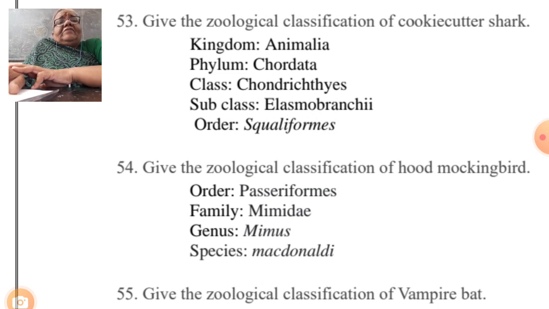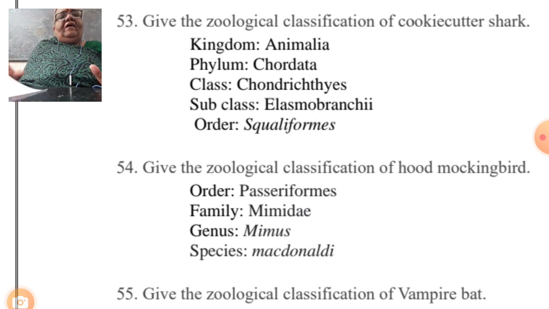Please note down, it is not there in the answer. Genus is Isistius. Specific name is brasiliensis. And the common name is cookie cutter shark. Sometimes it is also called cigar shark. Commonly it is called cigar shark.